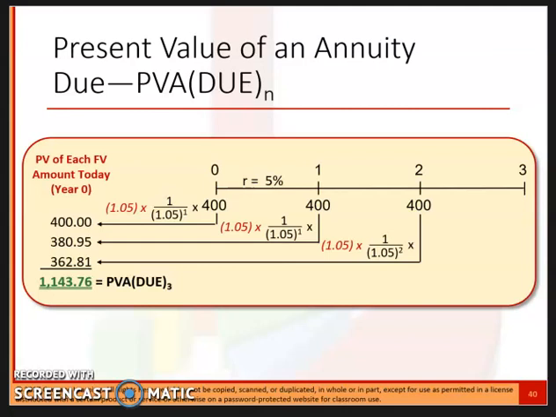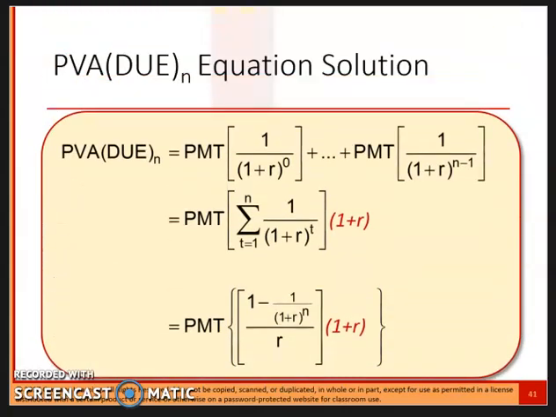For the present value of an annuity due, we basically eliminate one period of interest. So the formula is our present value of annuity, but to convert it to an annuity due, we multiply our result by 1 plus r.